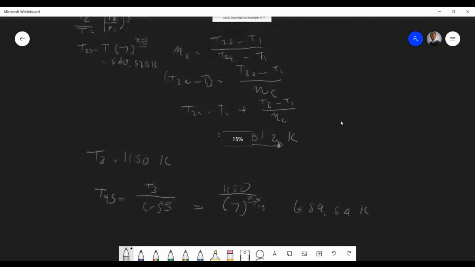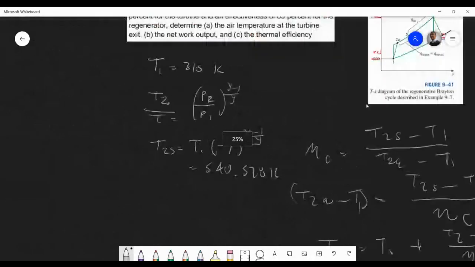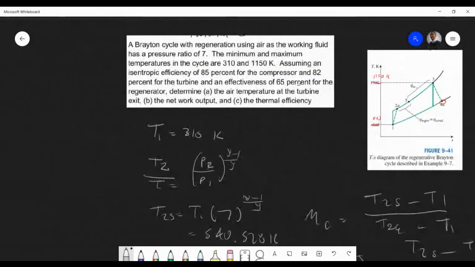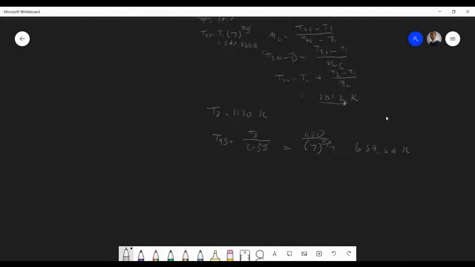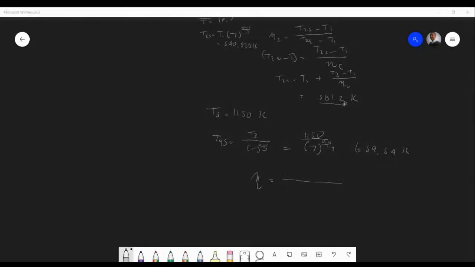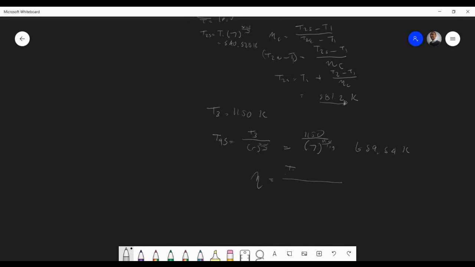Right, so obviously we have the isentropic value. Now to find the actual value, that's going to be 82% for the turbine. If you remember that, obviously I hate writing this formula over because I normally just remember it: T3 minus T4A over T3 minus T4S.